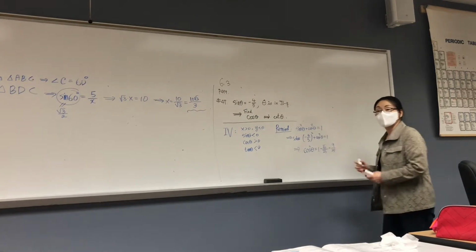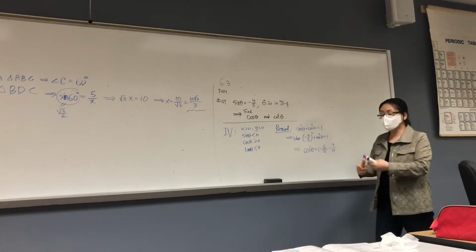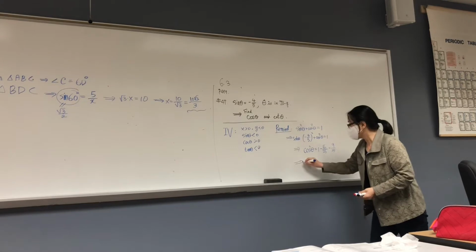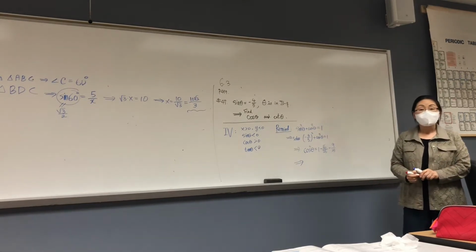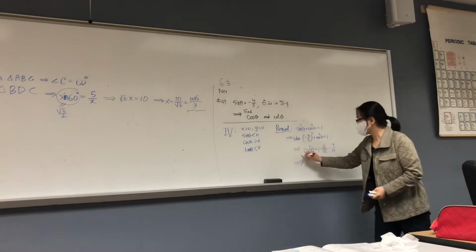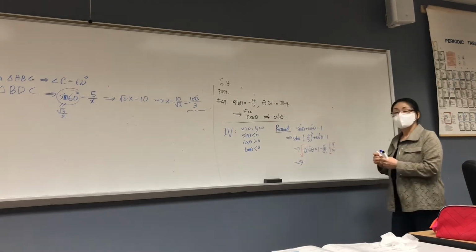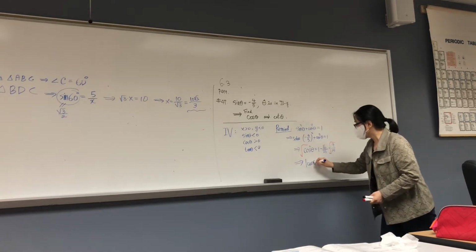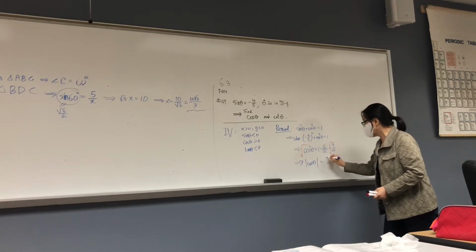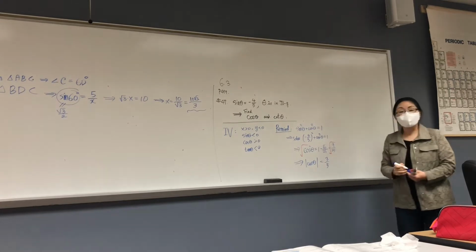And then, how do you solve for cosine? Find the root of both sides. Yeah, good. And then the left hand side is what? The right hand side is, am I right?